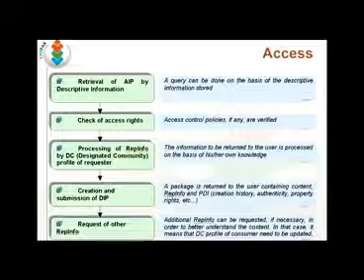So we can see these are part of the access functionality: the retrieval of the archival information package by using the descriptive information, the check of access rights, the processing of representation information by the designated community profile requester, the creation and submission of the IP, and finally the request for further information.